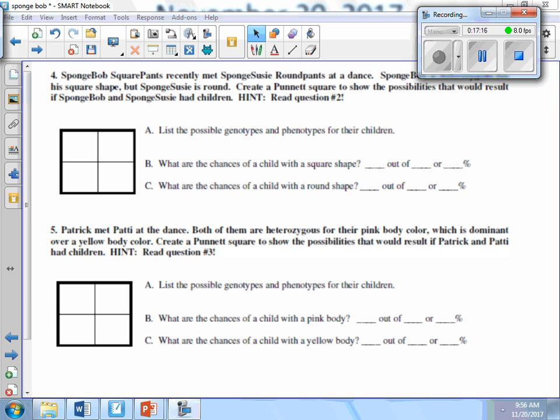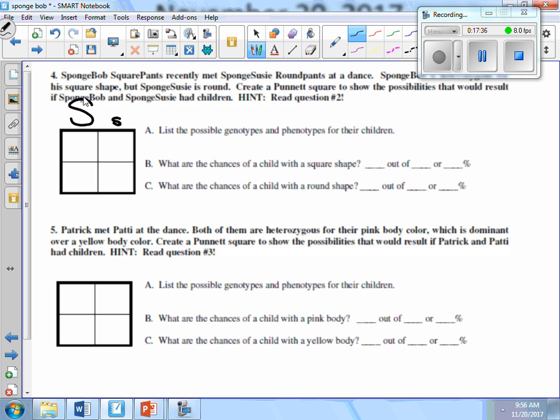SpongeBob has a square body, but he's not purebred. He's heterozygous, correct? So if he's heterozygous, what are his letters that represent his square body, Juliana? Good. S's look the same, so you really want to make them different sizes.